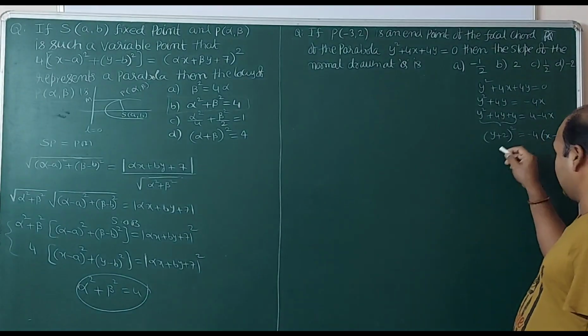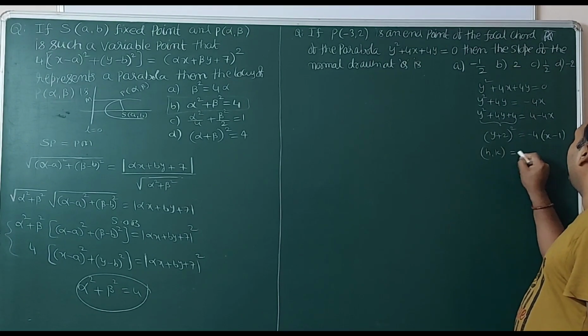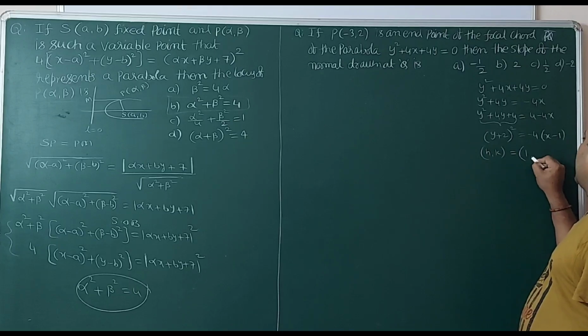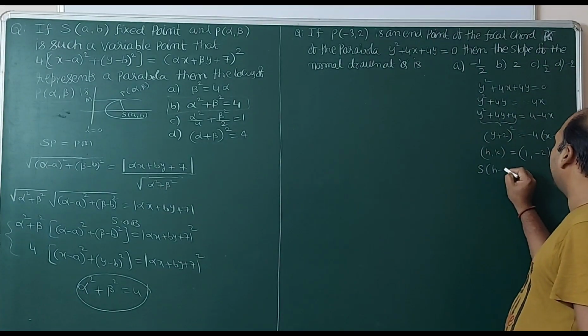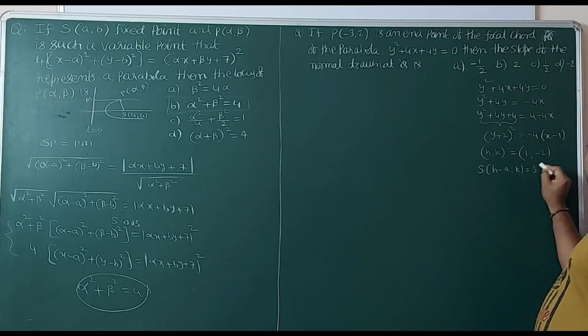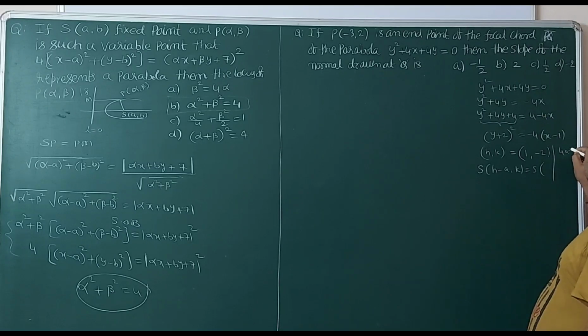Compare with (y minus k) whole square, where h comma k is the vertex. It becomes 1 comma minus 2. The focus S is h minus a comma k. H minus a means minus 4a is equal to minus 4, so a is equal to 1.